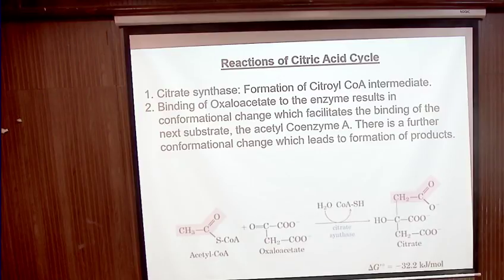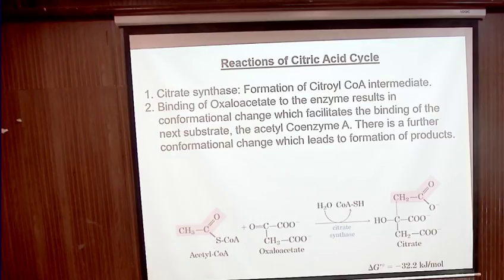I'll skip this part entirely. This is just an explanation of those 8 reactions and what happens in each of those reactions. I don't see a necessity that you should know the real chemistry behind it, how it combines, what this coenzyme A does, and how it modifies the structure and gives you the product.